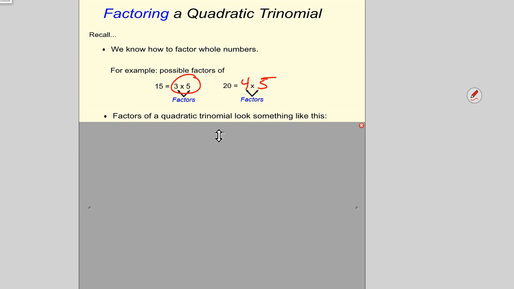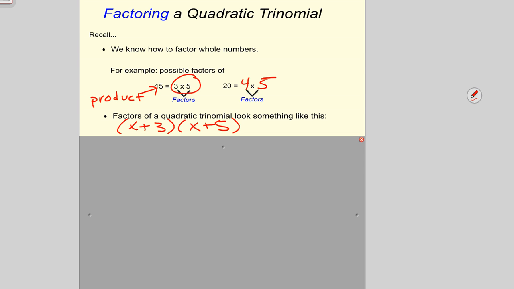Now let's look. So you know that factors are two things that multiply together to give us the product. So 15 is the product, and 3 and 5 are the factors, right? So now we're going to work backwards.